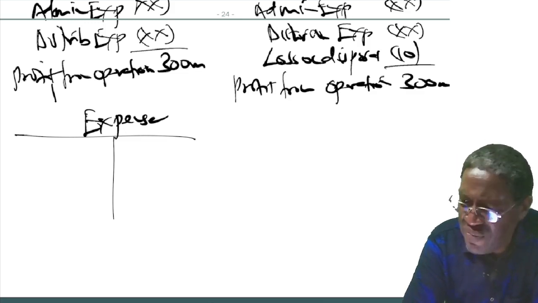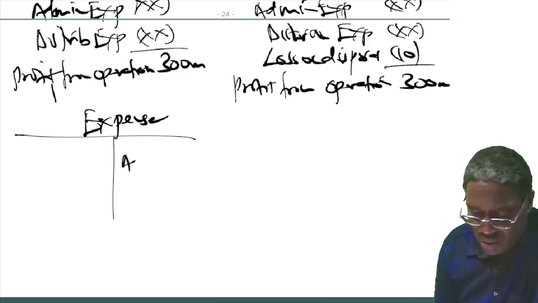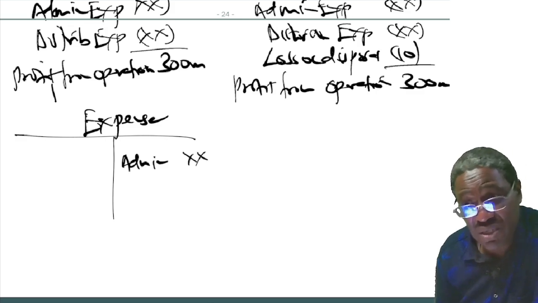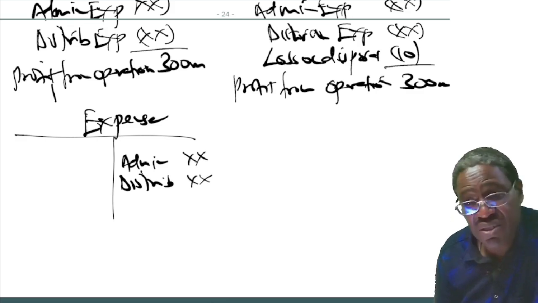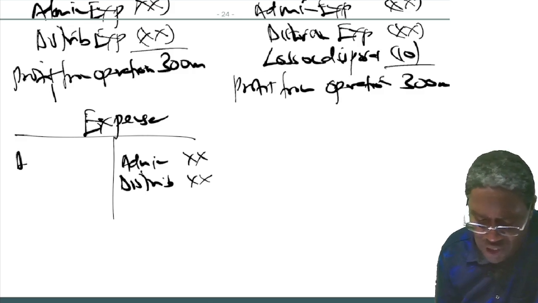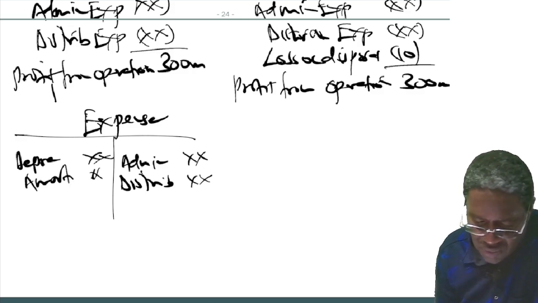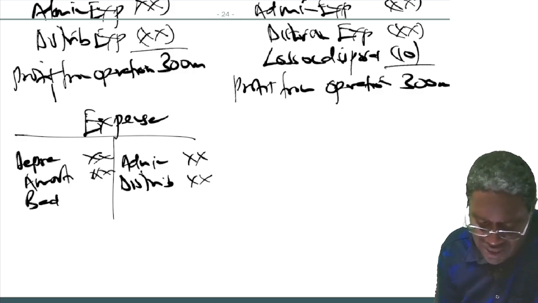I'll put in everything in that account, admin, whatever it is that I'm given in their income statement. Distribution, I go and pick whatever they are giving me in their income statement. Then I remove depreciation. I remove amortization. I remove the bad debts and others.